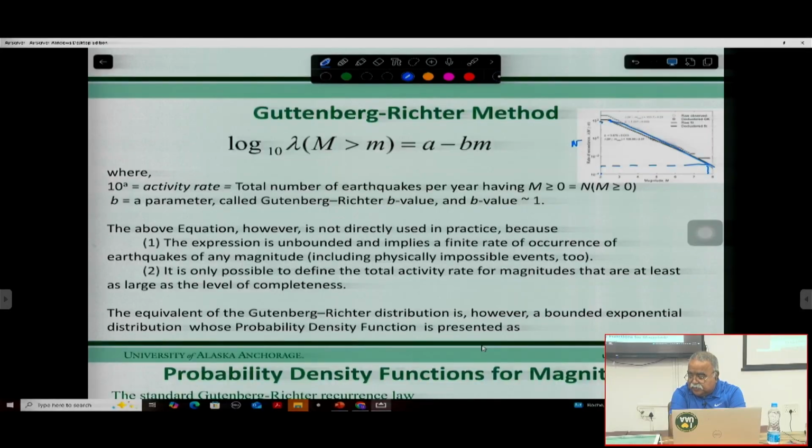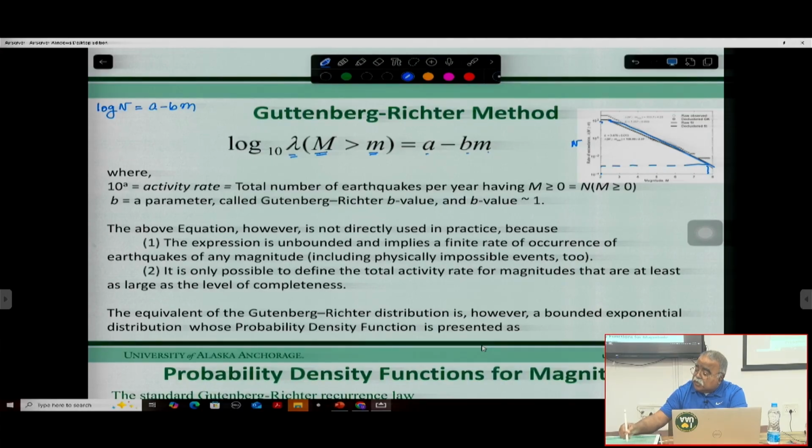Lambda is basically the number of earthquakes having a magnitude greater than a particular magnitude, and that will be equal to 10 to the power a minus bm, right? According to Gutenberg-Richter, log N equals a minus bm, right? So they say that log N can be replaced with the activity of the fault, right? So that will be equal to this one.